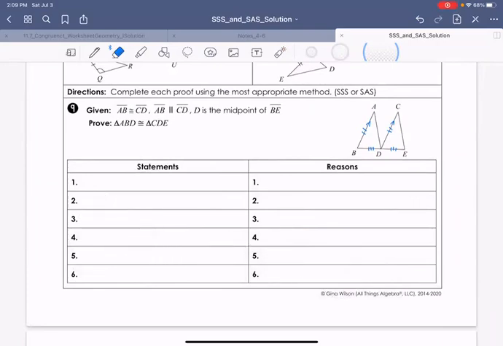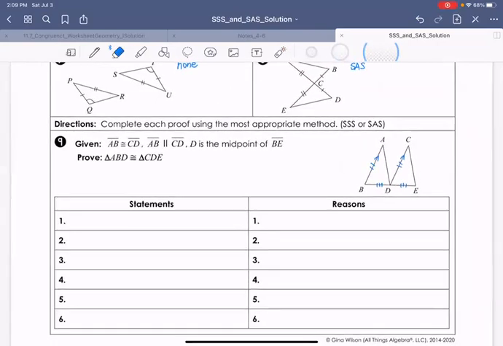Abby, let's do number 9. Line AB is congruent to CD, given. D is the midpoint of line BE. Given.